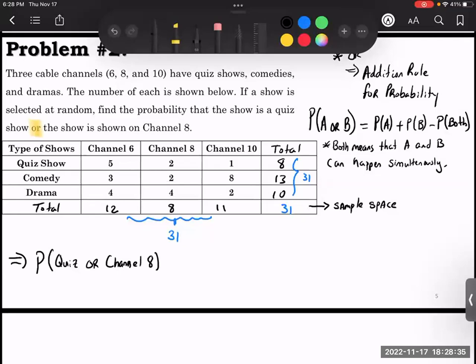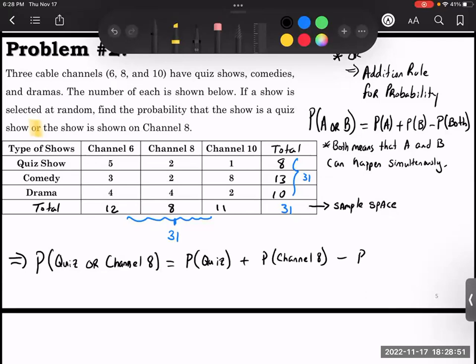Making our replacements into our formula, we get the probability that it's a quiz show plus the probability that the show's on channel 8 minus the probability of both.